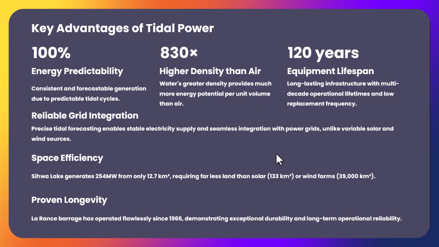So even if you put solar, your solar panel efficiency will hold for 10 years and then it will start to degrade, but this is not so. So you will have more lifespan. Okay, reliable grid integration is possible. Space and efficiency: we have a very huge space of ocean, so we can place more. Okay, proven longevity.